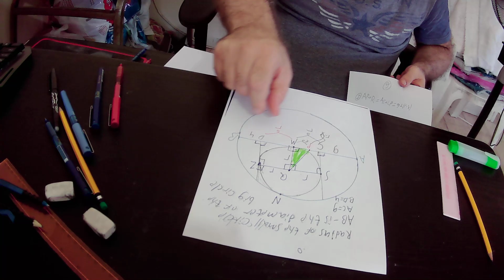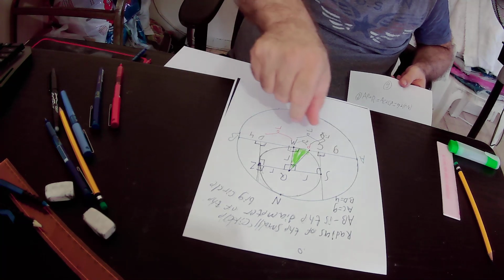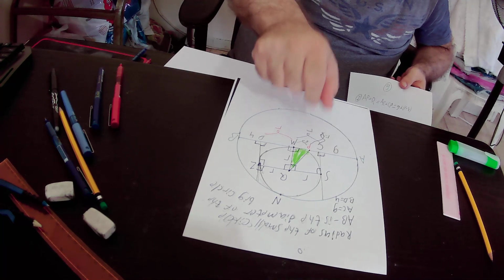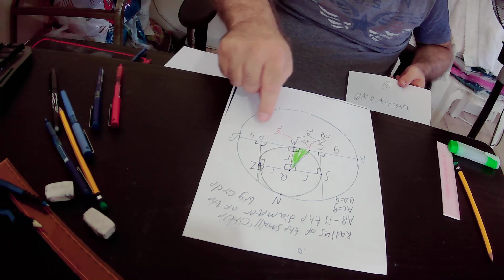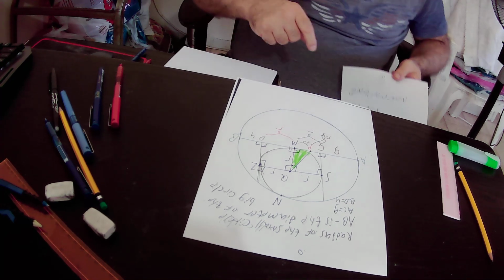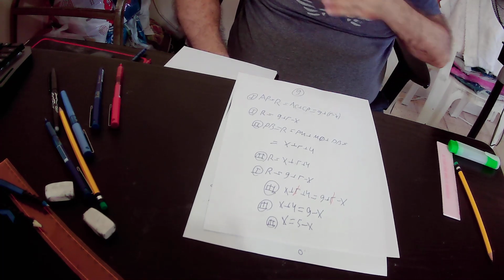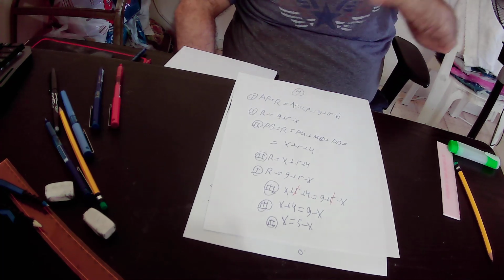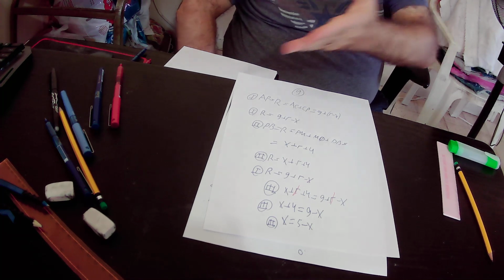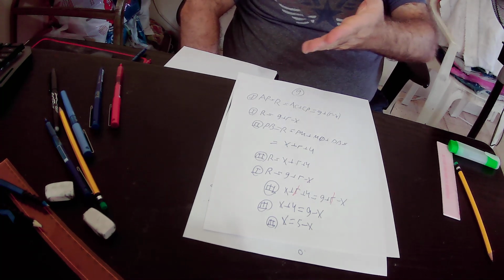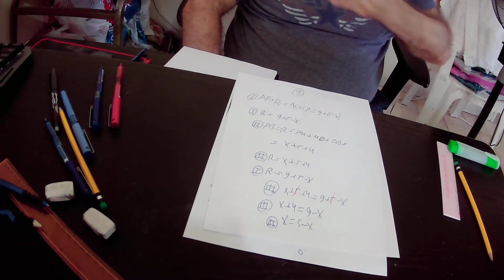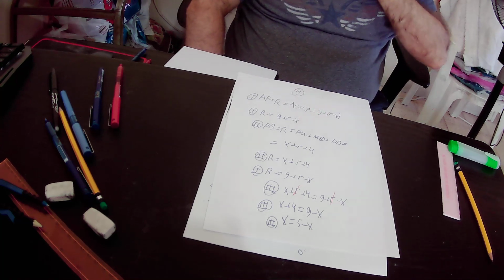DB is 4 units, MD is small r, and PM is x. So in total it equals 4 plus small r plus x. Okay, so we have two different expressions for the same radius.